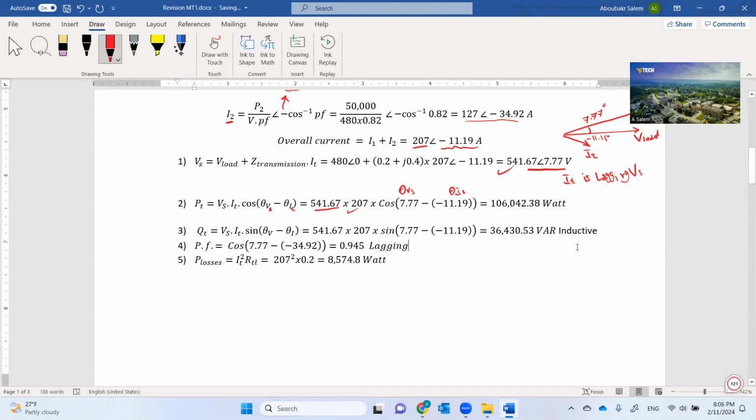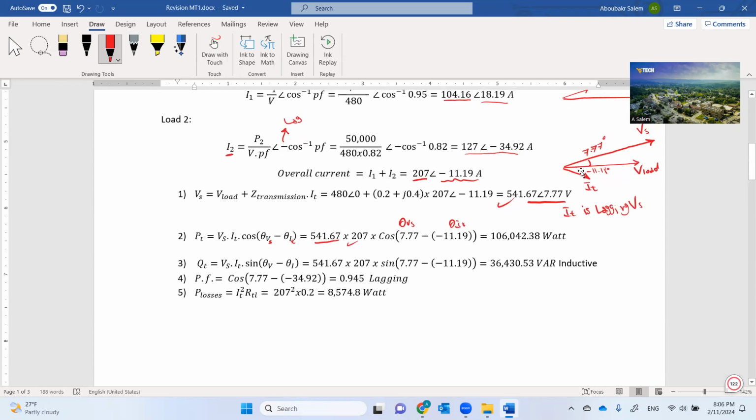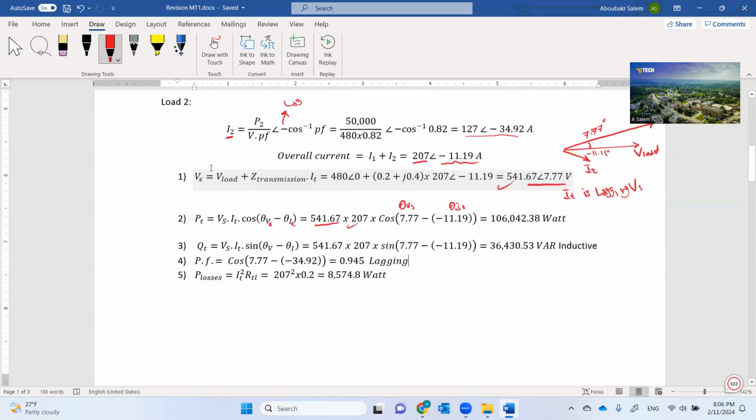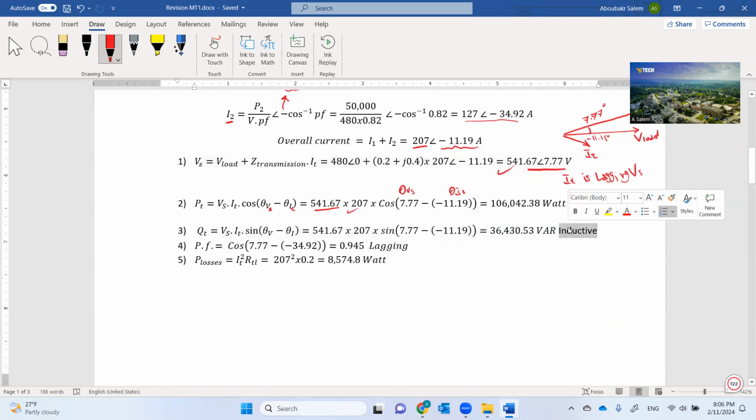And since the power factor of the supply is lagging, the reactive power is flowing from the source to the load. So the total reactive power here is inductive reactive power, again because the power factor is lagging.